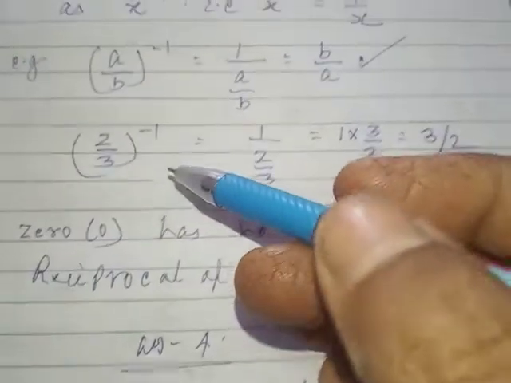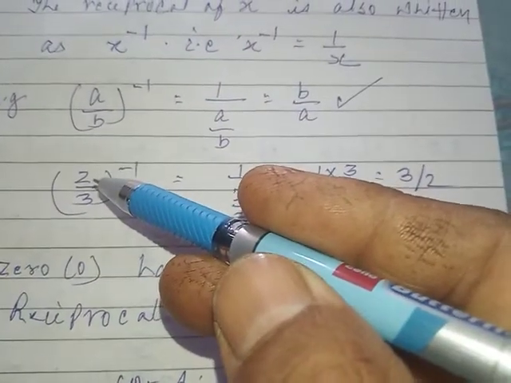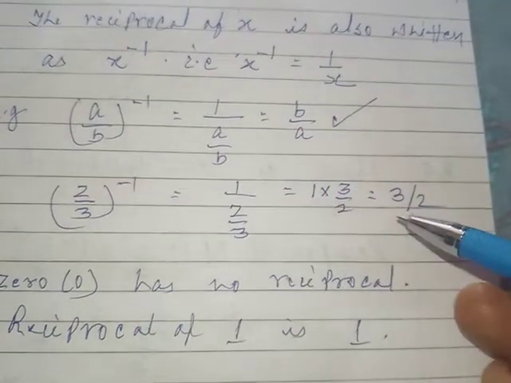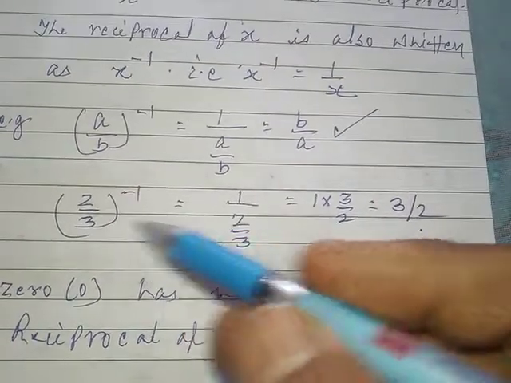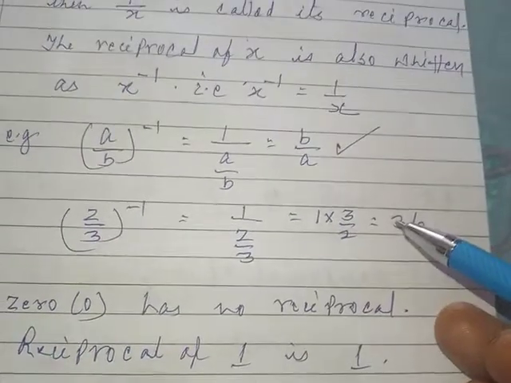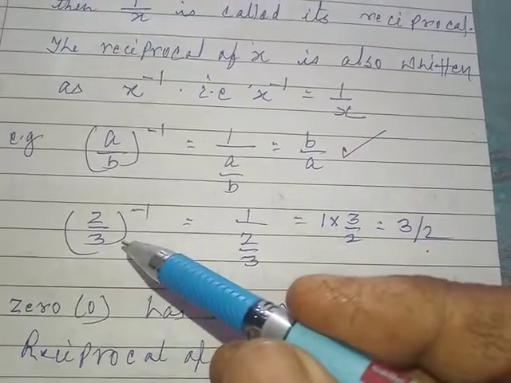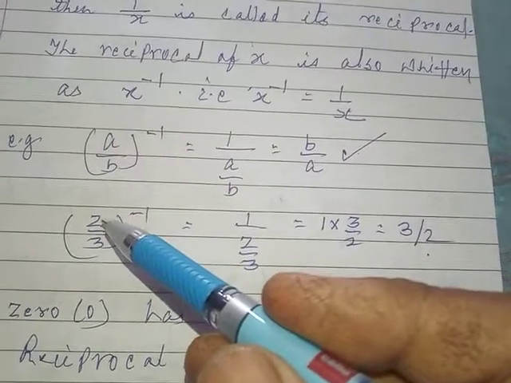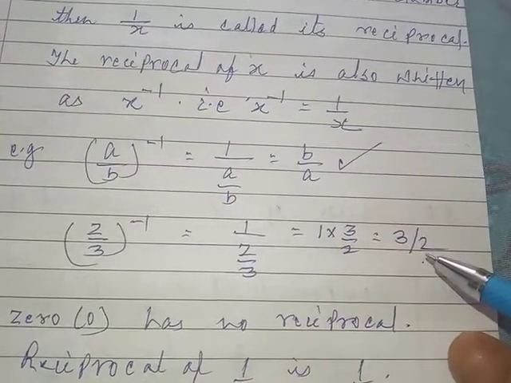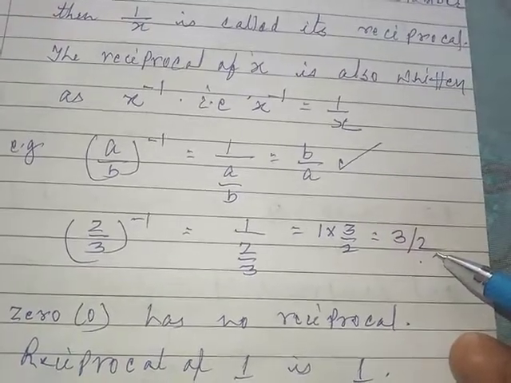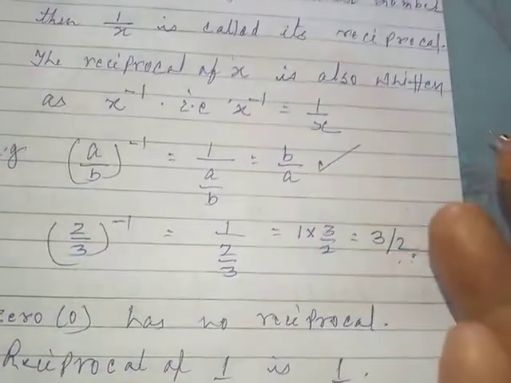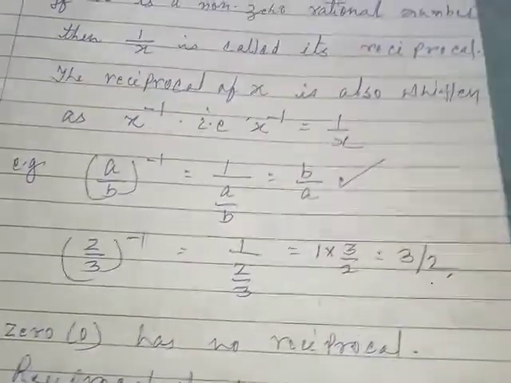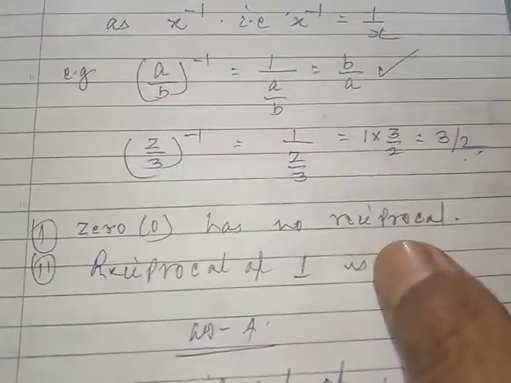Just like you have seen, 2 by 3, numerator is 2 and denominator is 3. When its reciprocal is taken, the denominator 3 becomes the numerator, and 2, which was the numerator, has become the denominator. So 2 by 3, its reciprocal is 3 by 2. 4 by 5, its reciprocal is 5 by 4. All of you understood?